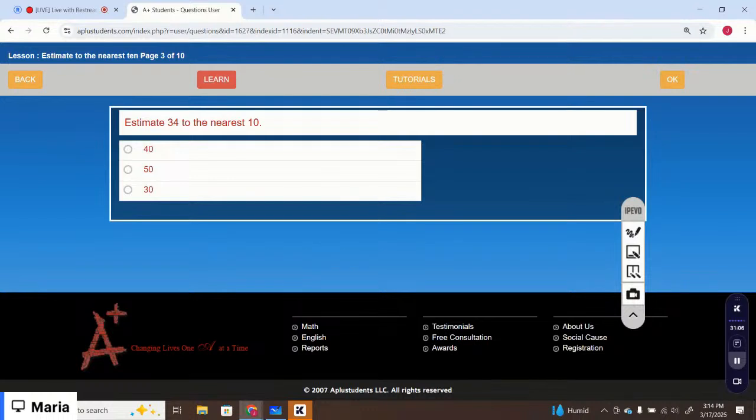Estimate 34 to the nearest 10. You have to estimate 34. 34 is between two tens, which two tens? You have to see the number is near to which 10, right?